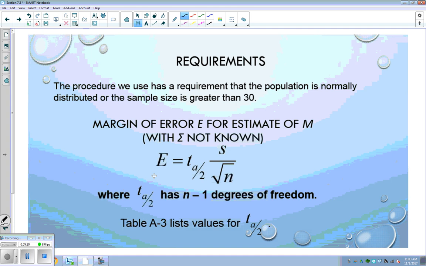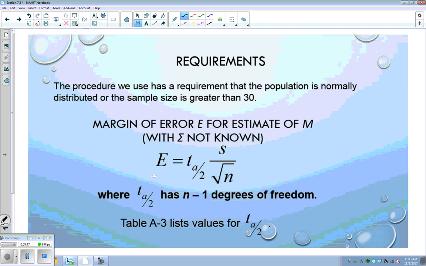If that is true, it doesn't matter how many N you have. If you do not know if the population is normally distributed, then your N sample size has to be greater than 30. There was a question on the last exam similar to that when we talked about the central limit theorem. Okay, so really the same requirement.